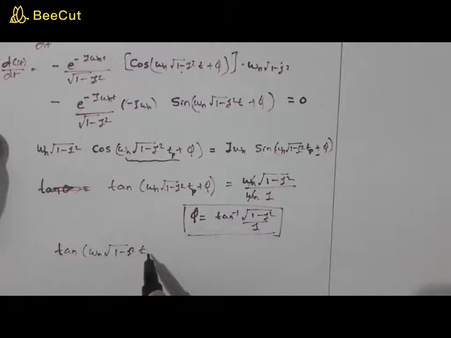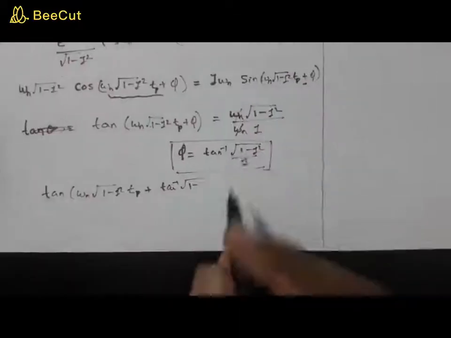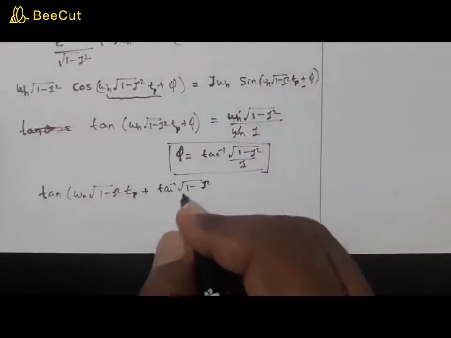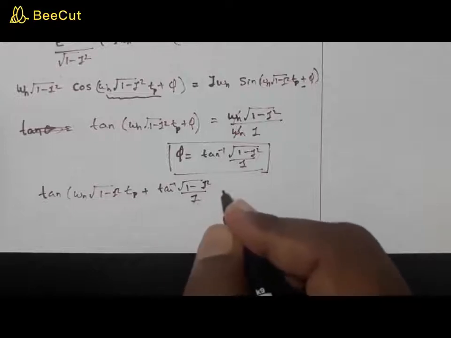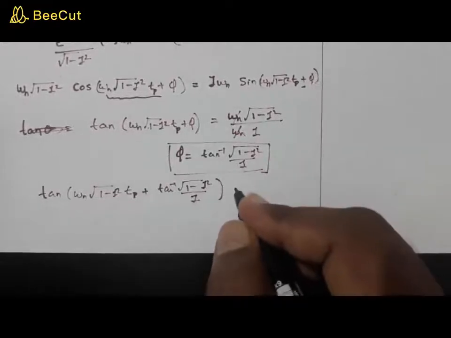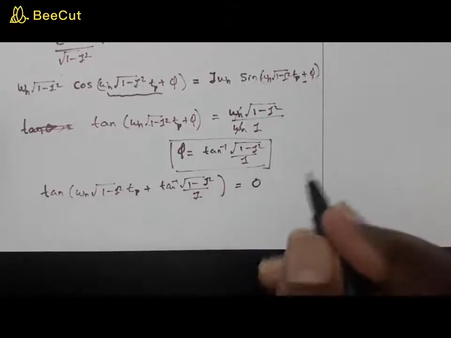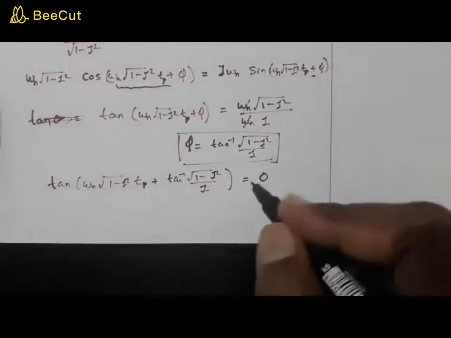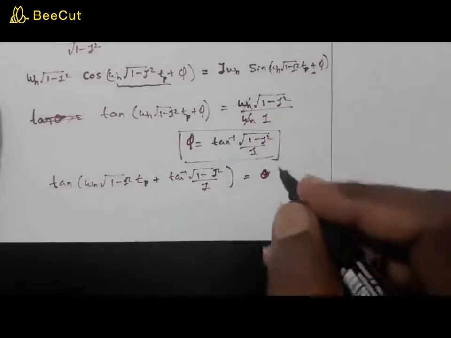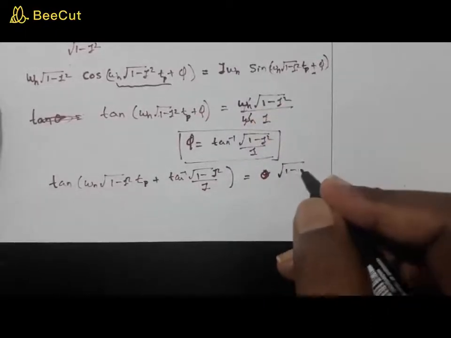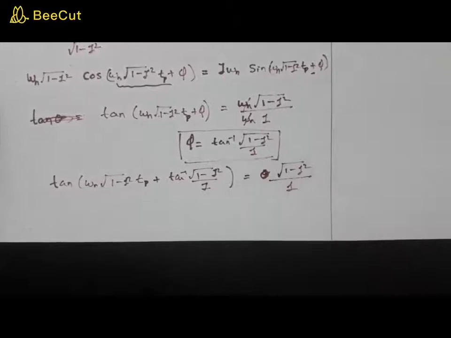So tan of omega n root of 1 minus zeta squared t_p plus tan inverse of root of 1 minus zeta squared by zeta is equal to root of 1 minus zeta squared by zeta.